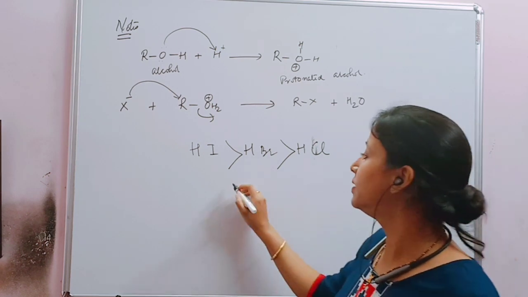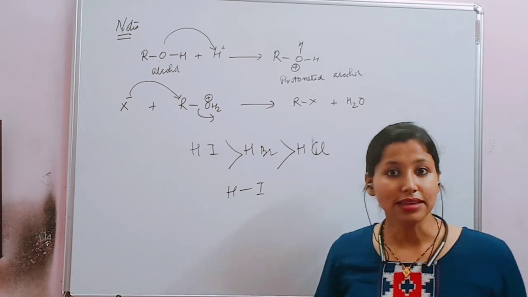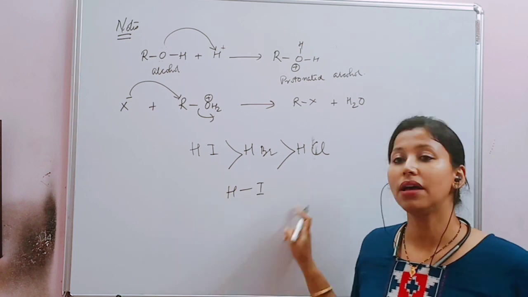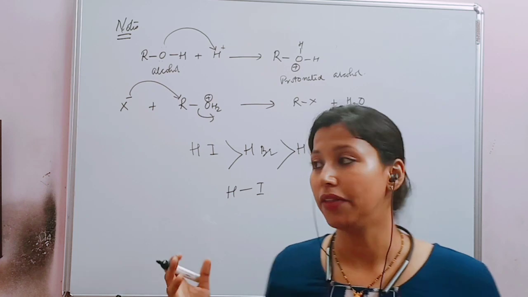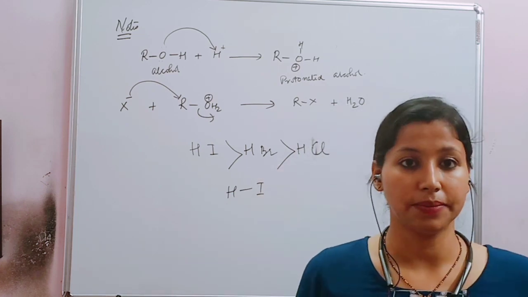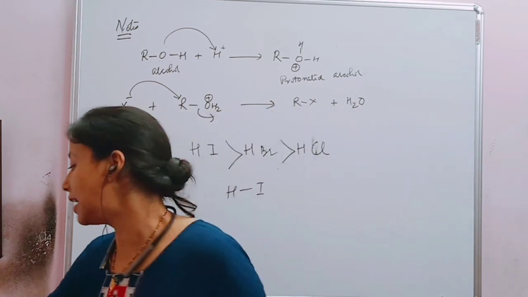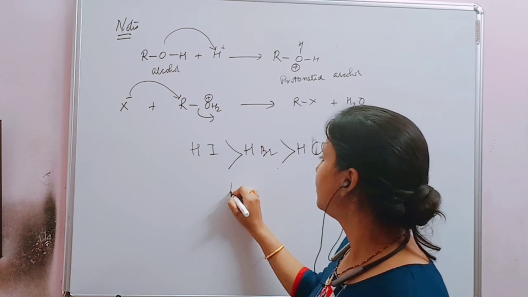The H-I bond is weaker, that means it can dissociate easily compared to HBr and HCl. I hope you remember why it is so, because iodine atoms are much bigger than bromine and chlorine atoms. So this was the order of reactivity of halogen acids. What about the reactivity of alcohols?